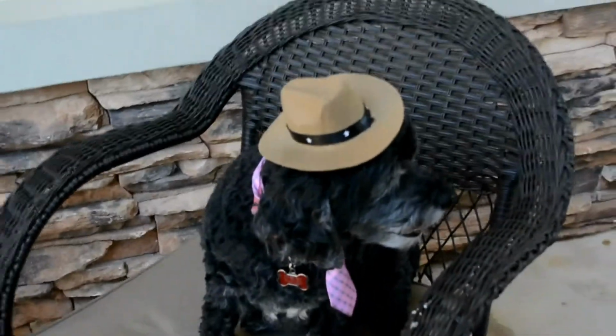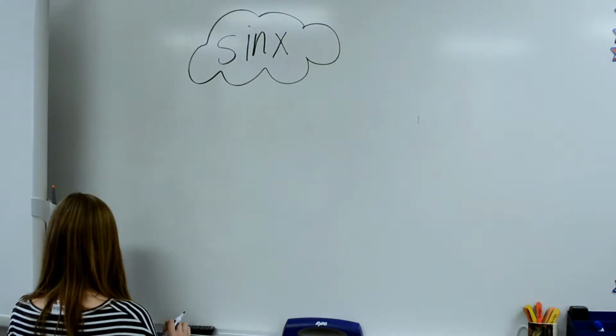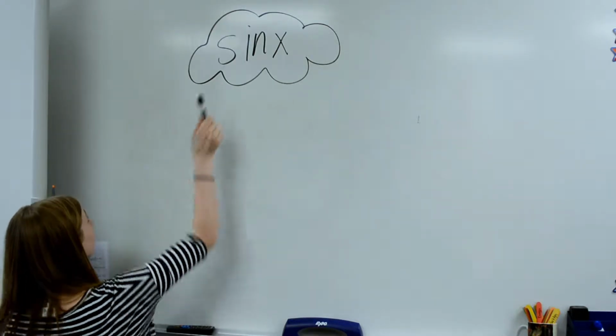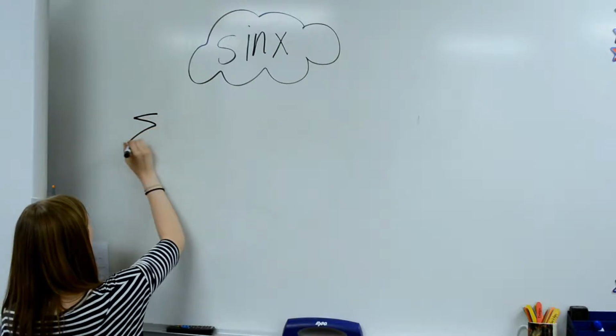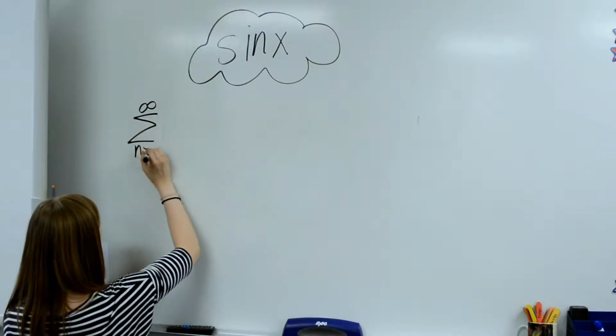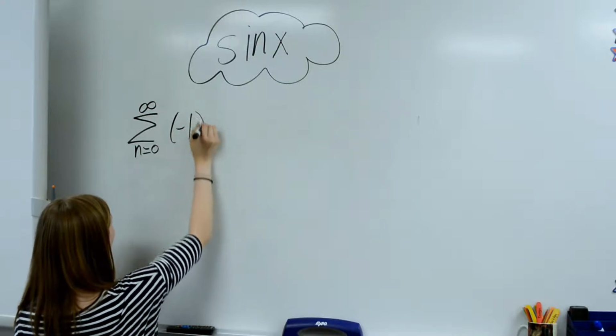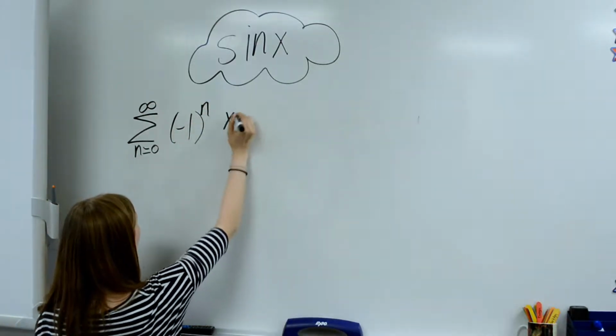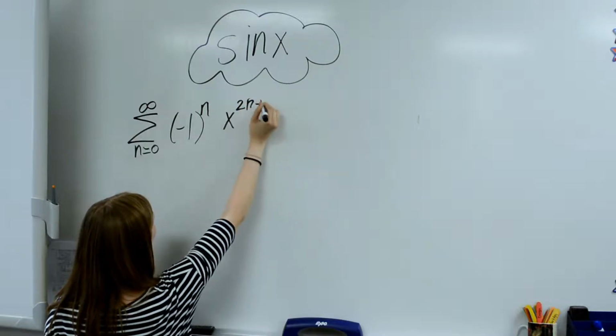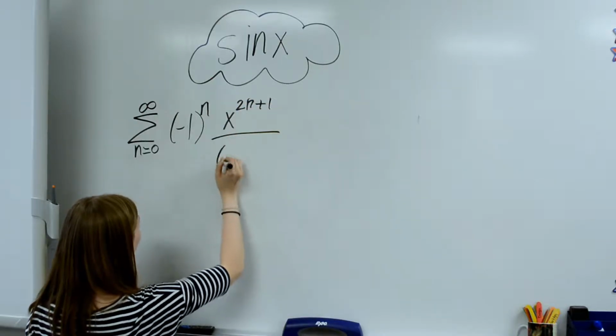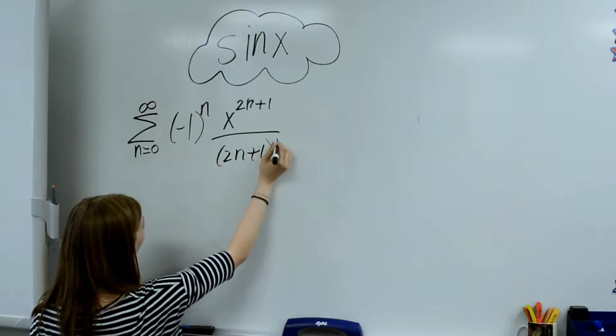We're going to write a Taylor series! The most important part about writing a Taylor series is knowing the 4 main Taylor series we learned at the beginning of the unit. Number 1! The first Taylor series that you should memorize is sine of x. The general term is a summation to infinity when n equals 0 of -1 to the nth times x to the 2n plus 1 over 2n plus 1 factorial.